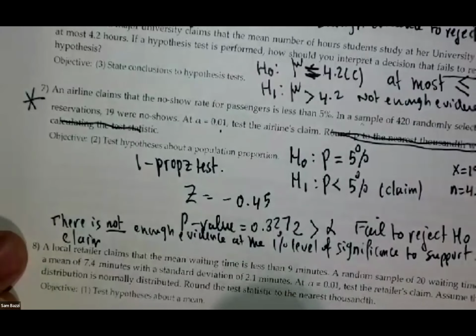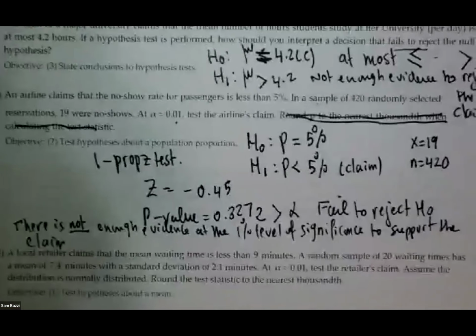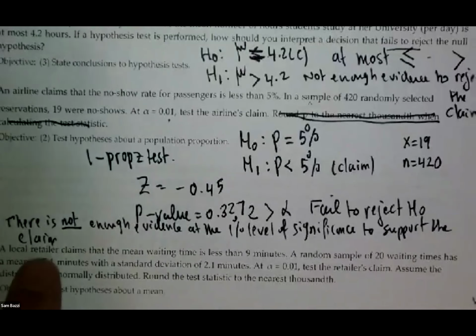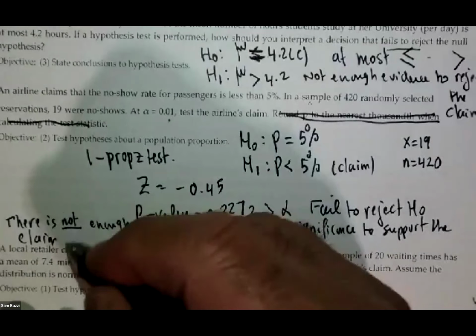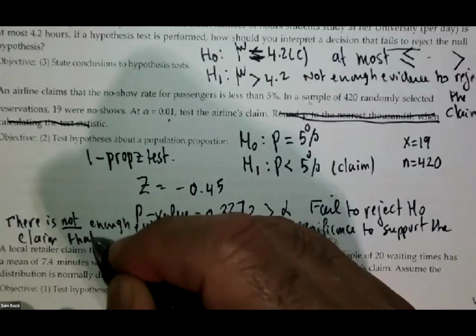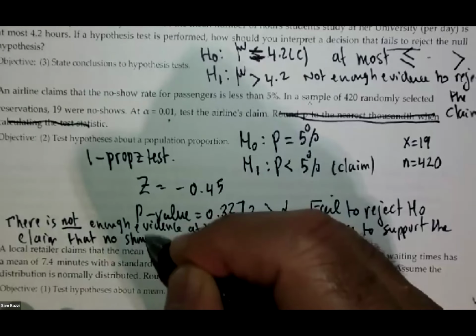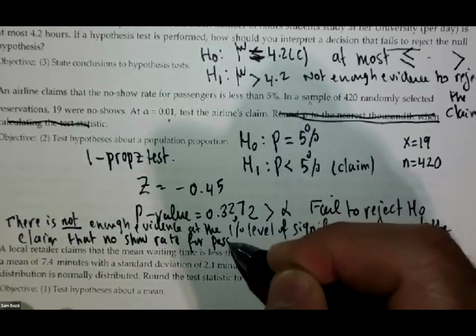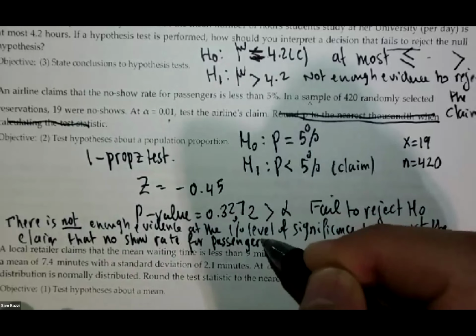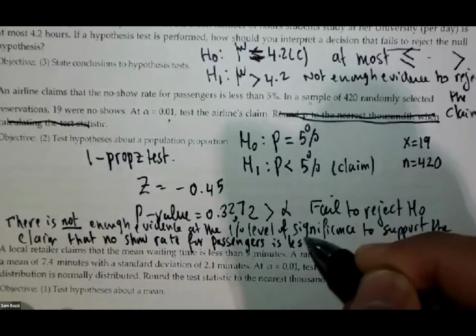And you cannot stop right here, guys. You will not get full credit if you stop right here. A reader who's reading just your problem wants to know what the claim was. To support the claim, just copy and paste, guys: that the no-show rate for passengers is less than 5%.